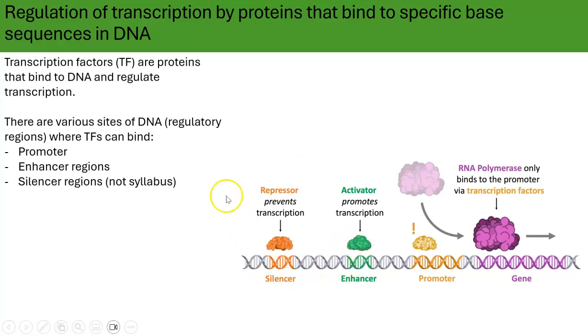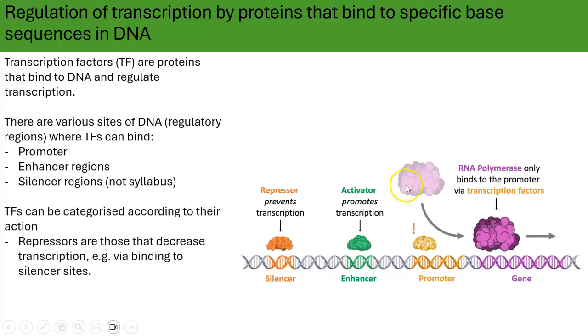The silencer regions aren't brought up in the syllabus, but this image I found has them, so we'll just briefly mention them. So transcription factors are important at the promoter because without them the enzyme RNA polymerase will not bind, but the transcription factors can then affect transcription by binding to these other sites as well.